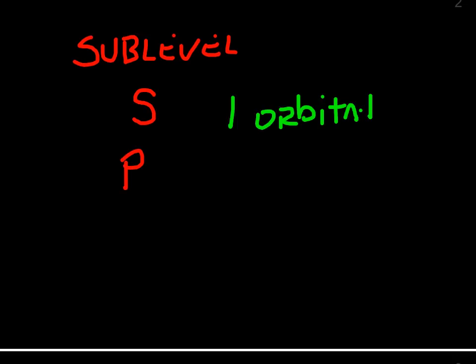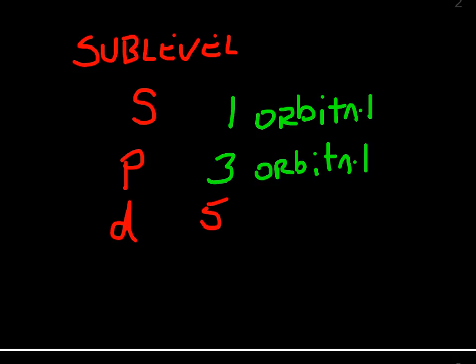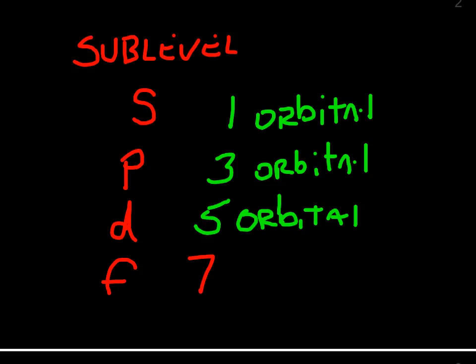The P sublevel has three orbitals. The D sublevel has 5 orbitals. And the F sublevel has 7 orbitals.